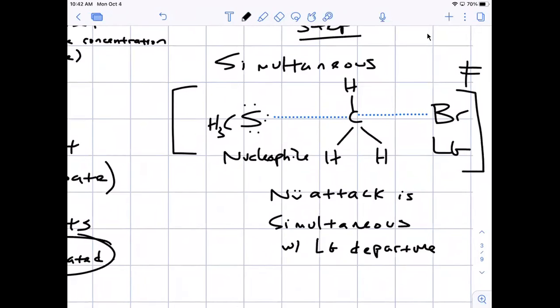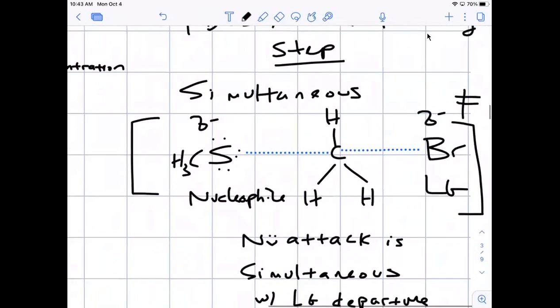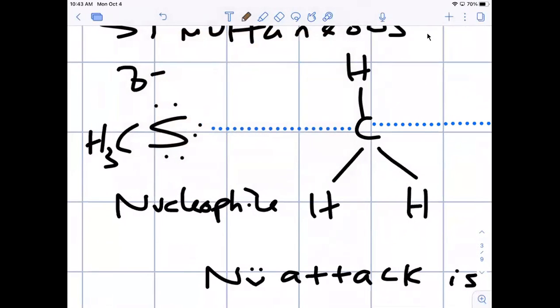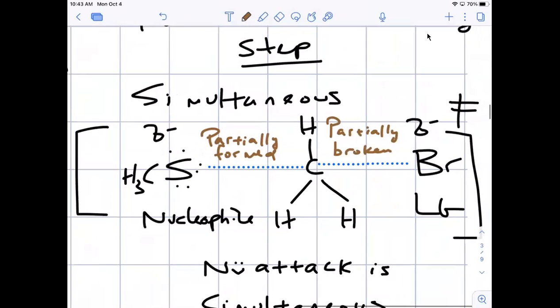You have your nucleophile coming in, your leaving group leaving, and the whole thing overall has a negative charge. So that's partially negative, that's partially negative. This bond right here is partially formed, and over here this bond is partially broken, in the transition state.